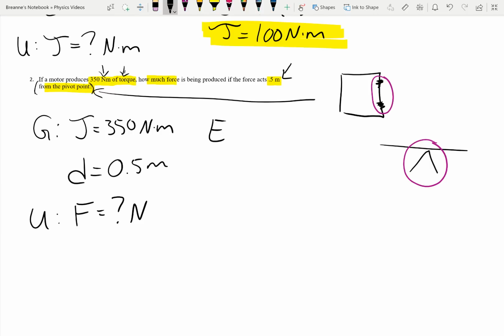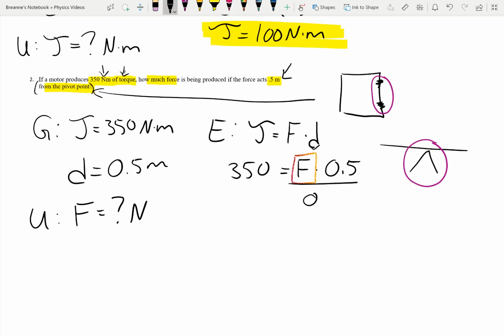So our equation is torque equals force times distance. We know what torque is. We're looking for the force. And we know what our distance is. Now we need what we're looking for by itself. So we need to figure out how to get the 0.5 on the other side.